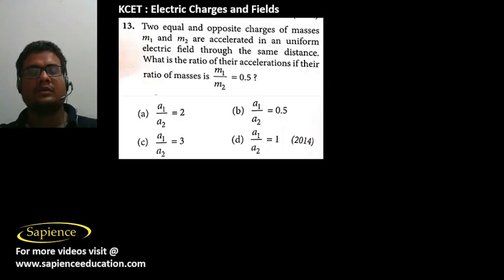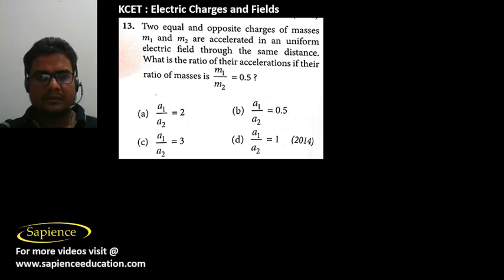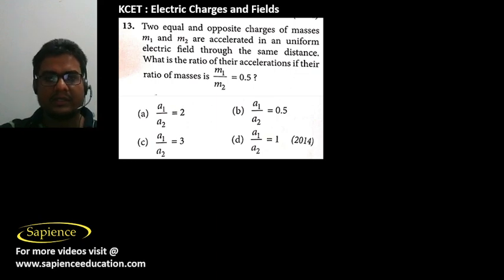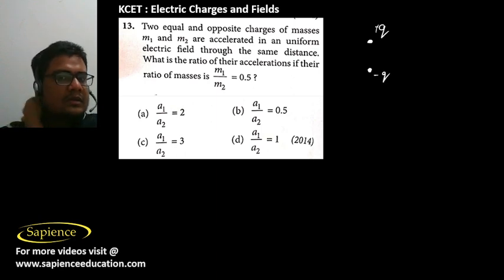Then it's told that two equal and opposite charges of masses m1 and m2 are accelerated. Suppose one charge is plus q and the other is minus q, and their masses are m1 and m2.